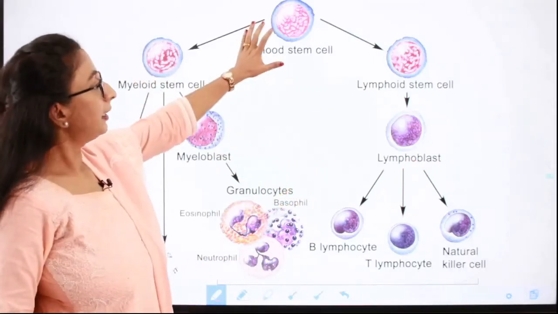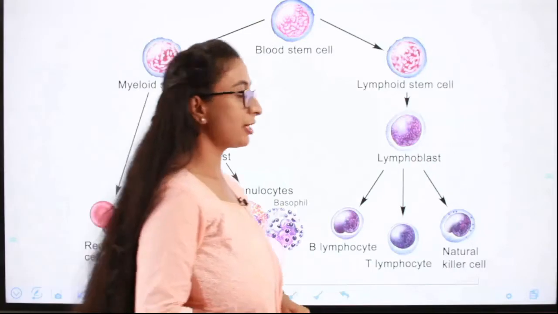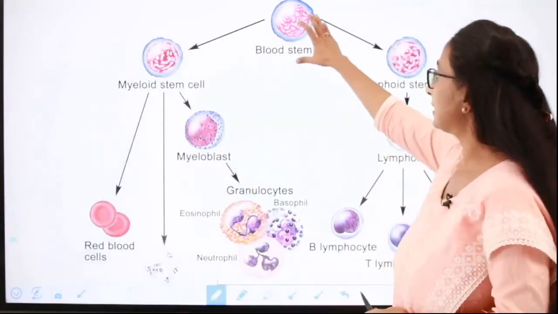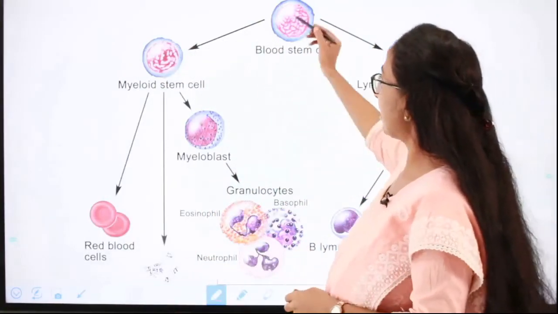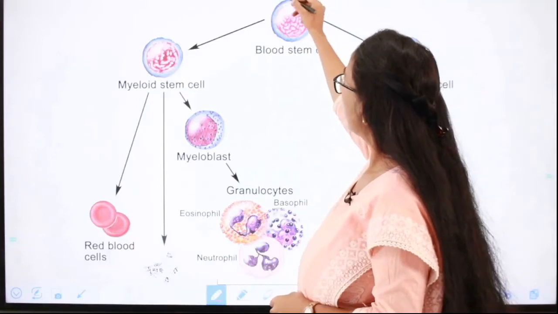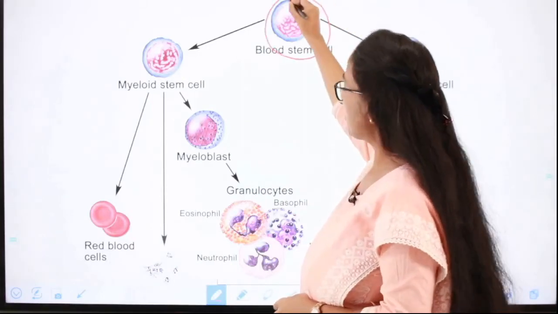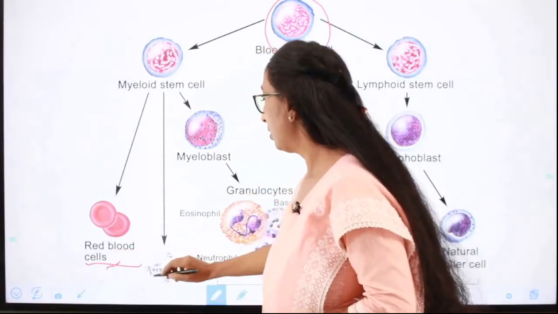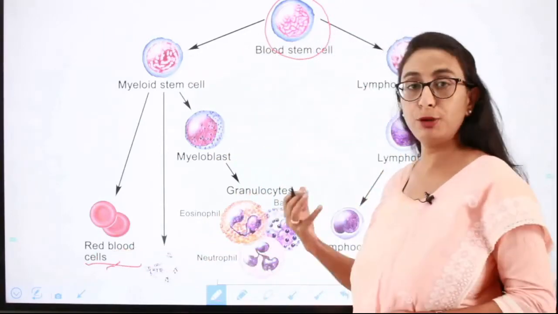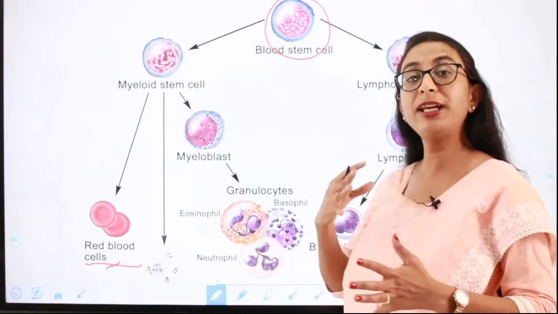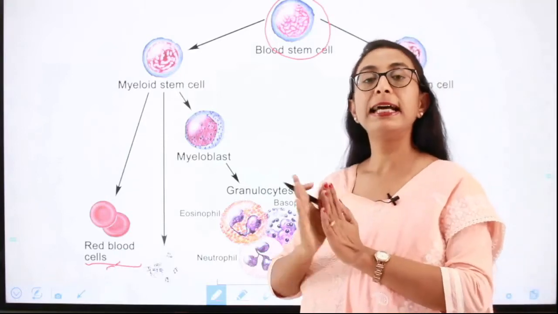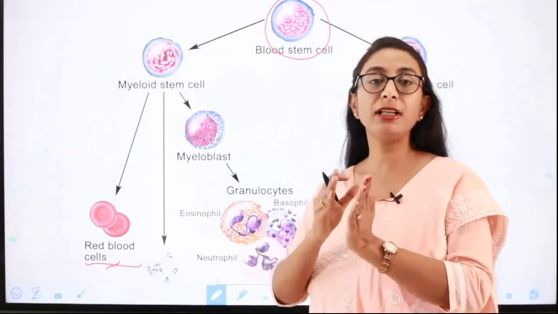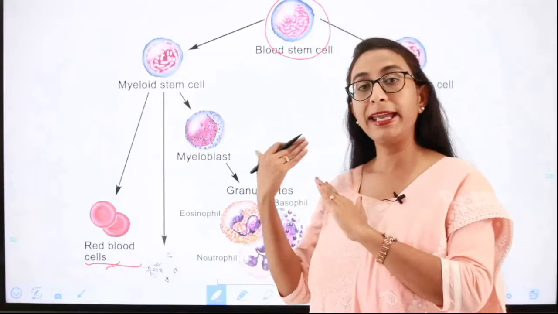So this is the hematopoietic stem cell which I was telling you about, right? It is this stem cell, the hematopoietic stem cell, which differentiates into RBCs and into WBCs. Under WBCs, we have five kinds of WBCs. Again we can classify them as granulocytes and agranulocytes.